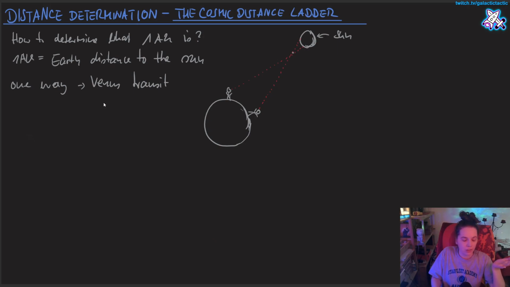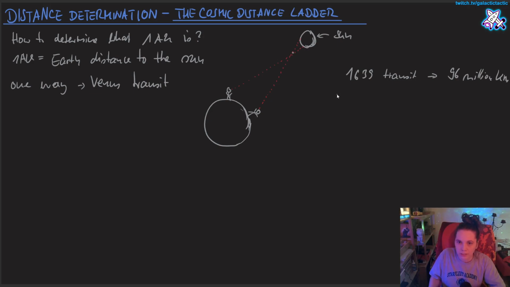Now I think I wrote down the numbers they came up with back then. Apparently, in 1639 there was a Venus transit, and they determined 96 million kilometers.